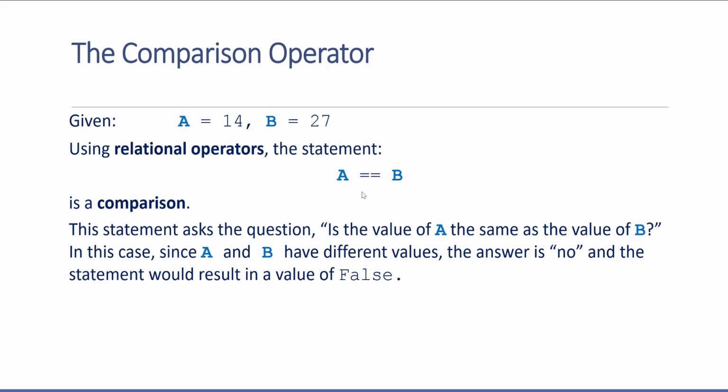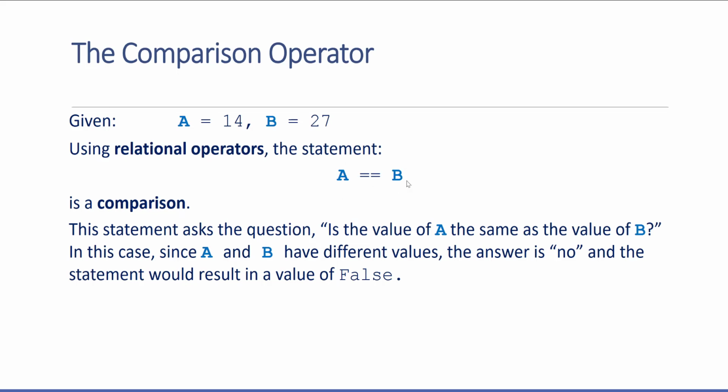So in this particular algorithm, we're saying, is what's in A, which is 14, the same as what's in B, which is 27? Those are not, in fact, the same values, and so the result from this particular equation would be false.